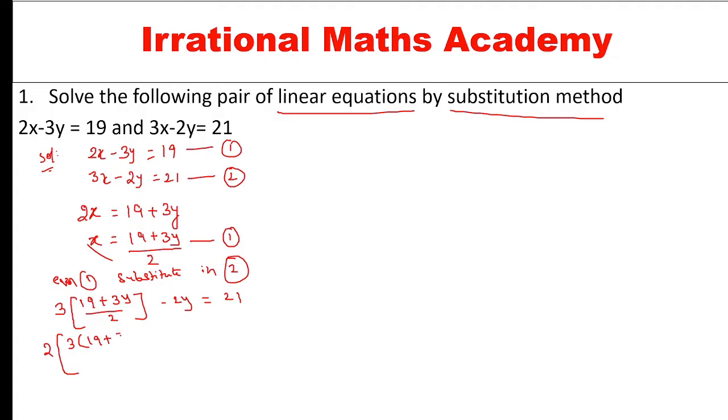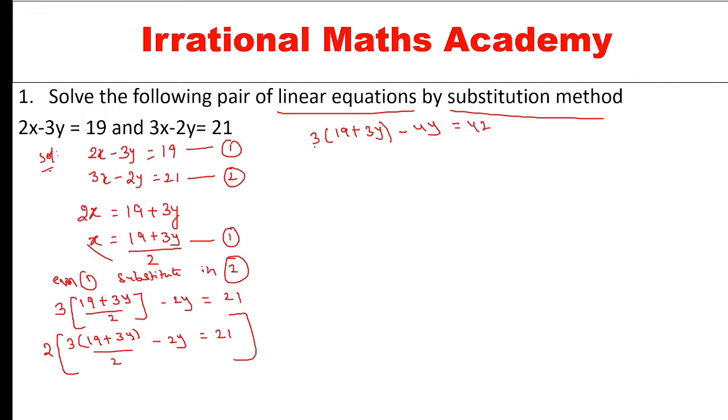19 plus 3y minus 2y equal to 21. If you look here, if I multiply, 2 gets cancelled. So I'll be left with 3 into (19 plus 3y) minus 2 into 2y, 4y, equal to 42.